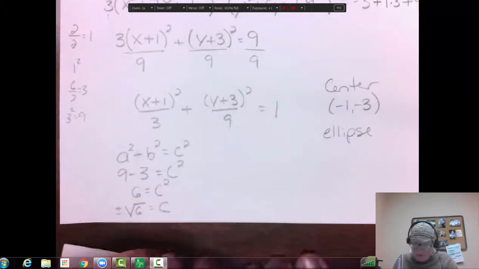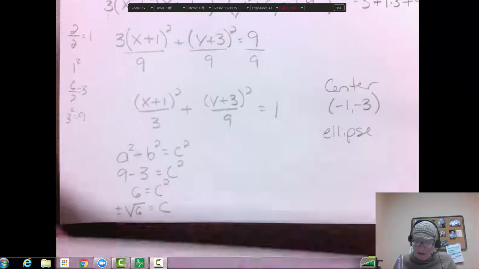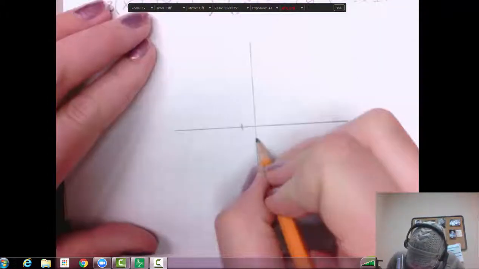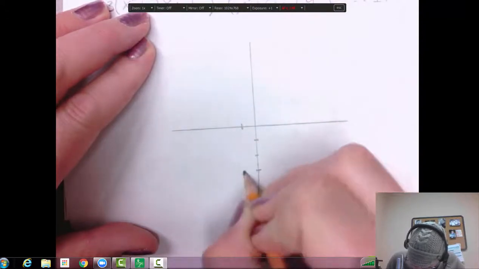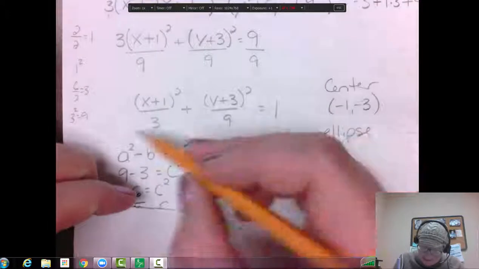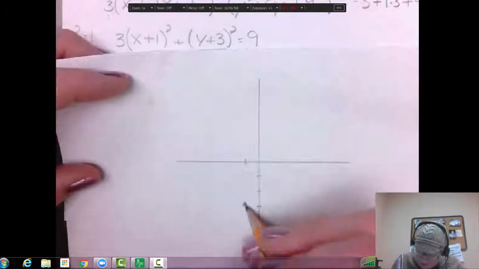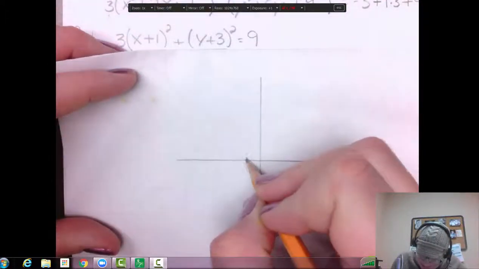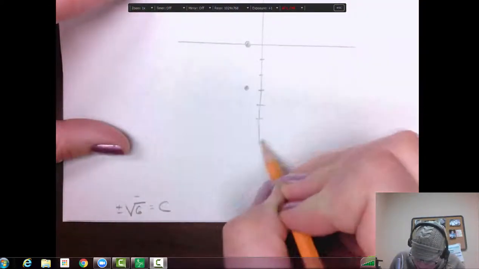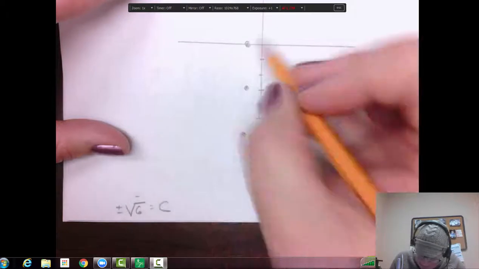So the center is at (-1, -3). So that's our center. And then we know that this one, on the y, is 3 away. So 1, 2, 3. So that's going to be one of your vertices, and we know the other ones here.